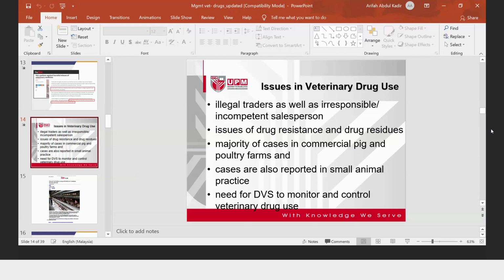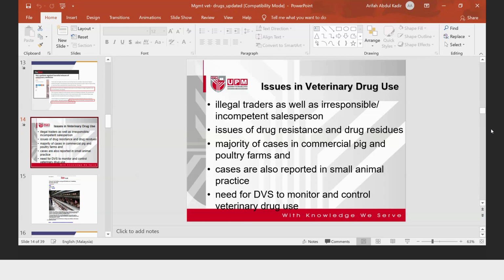Cases in commercial pig and poultry farms are very common, the use of drugs in pig and poultry farms. And cases are also reported in small animal practice. Now a lot of cases we are getting are from small animal practitioners. When the regulatory agency raids these small animal clinics, they find a lot of violations of the law.